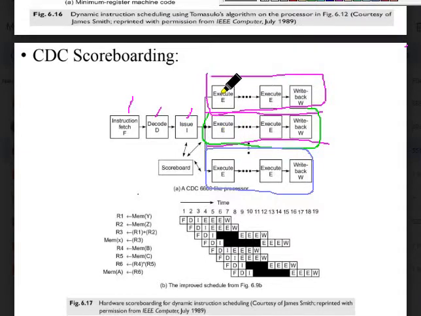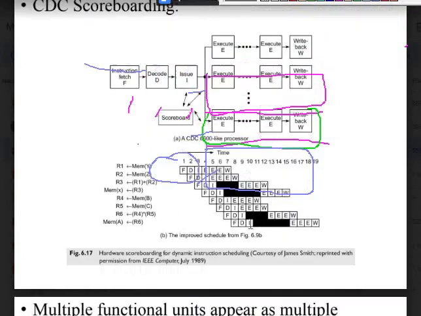If you take one color, again we have multiple executions and write back. So see the method. Scoreboarding means there will be one common scoreboard which maintains information about each pipeline's status: which instruction is executing, and what is the status, whether they are in a wait state, run state, execution or abort state, etc. These are all the possible information we can store in the scoreboard.